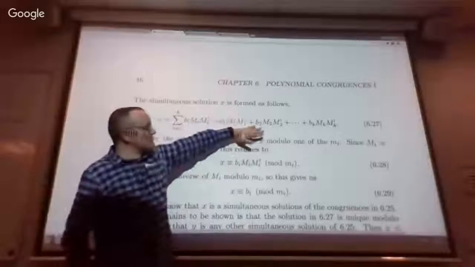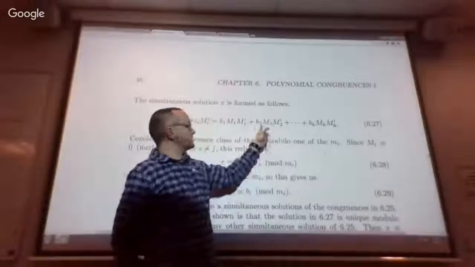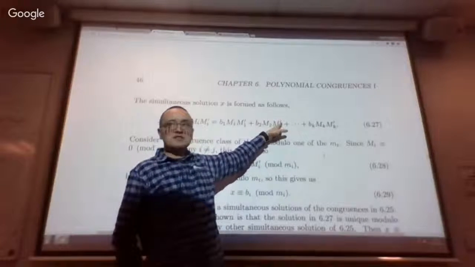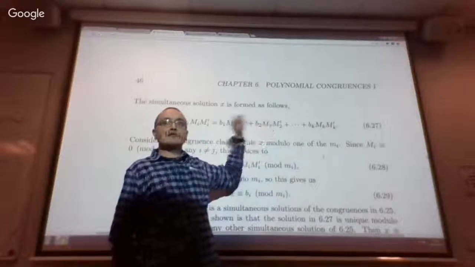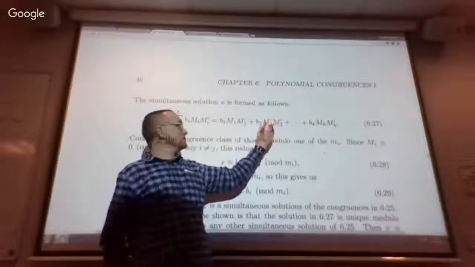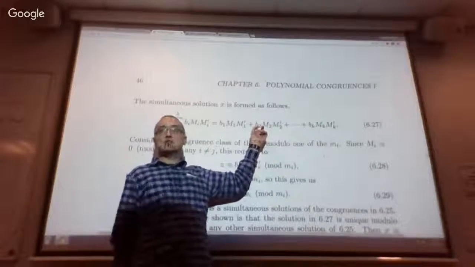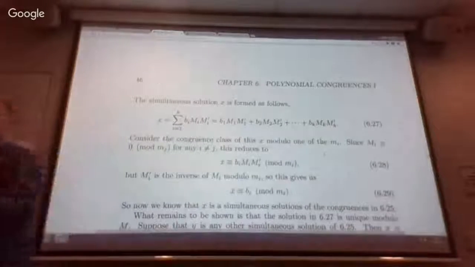So when you consider x modulo m2, everything drops away except for this second term. And M2 prime has been chosen so that it's the inverse of capital M2 modulo little m2. So when you're looking at this modulo little m2, this is congruent to 1. So you're just left with b2. So it is indeed a solution to x congruent to b2 modulo little m2.